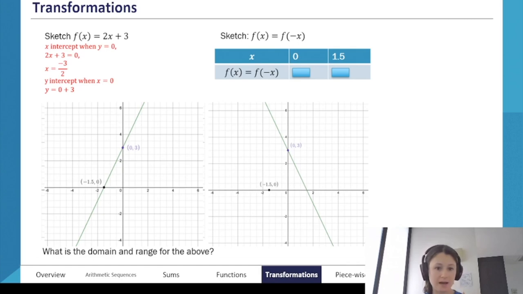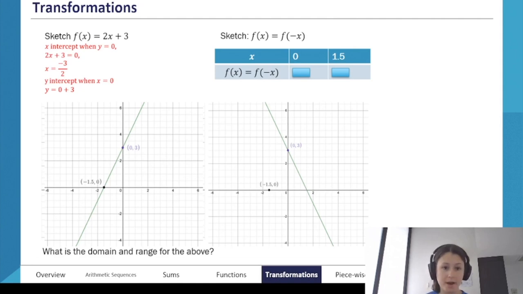Okay, now we have another example. We've been asked to sketch f of x equals 2x plus 3. Remember, this is just a linear function, so we just need to find the x and y intercepts.